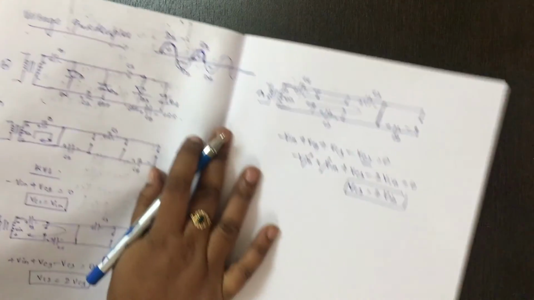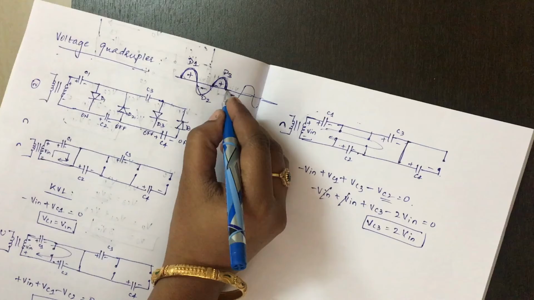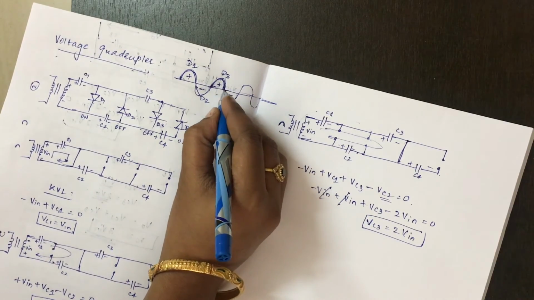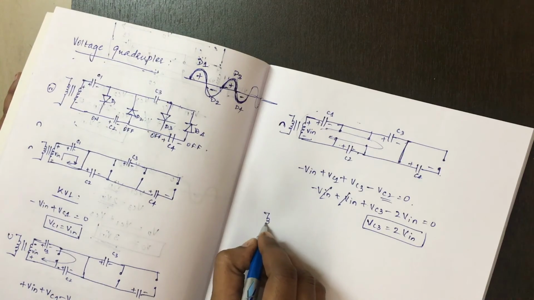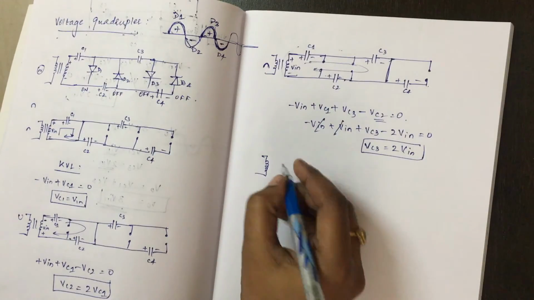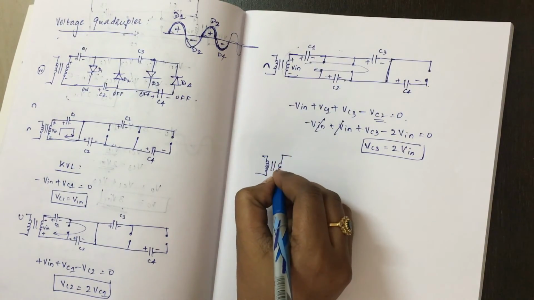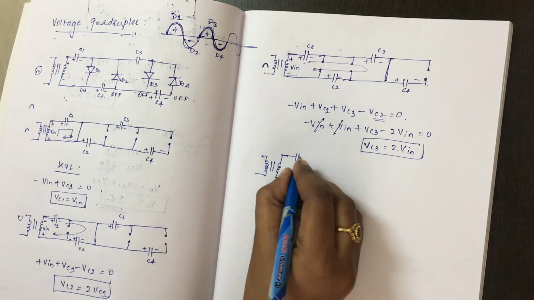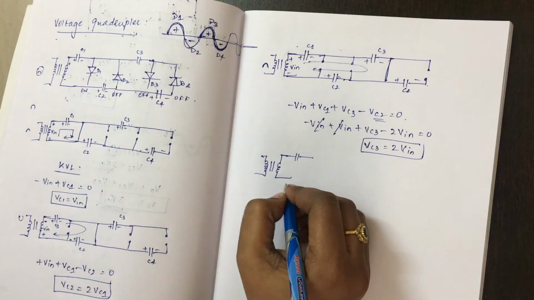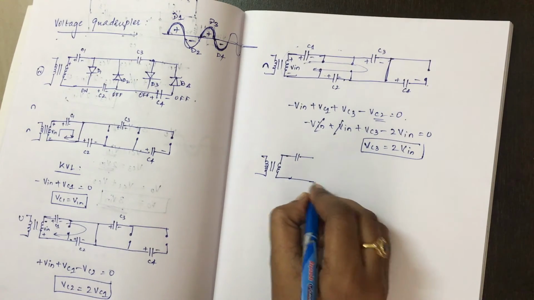Now applying the second negative half cycle. So when you apply the second negative half cycle, which will turn on? Only diode D4 will turn on. So capacitor, this is an open circuit, you don't have to draw it.